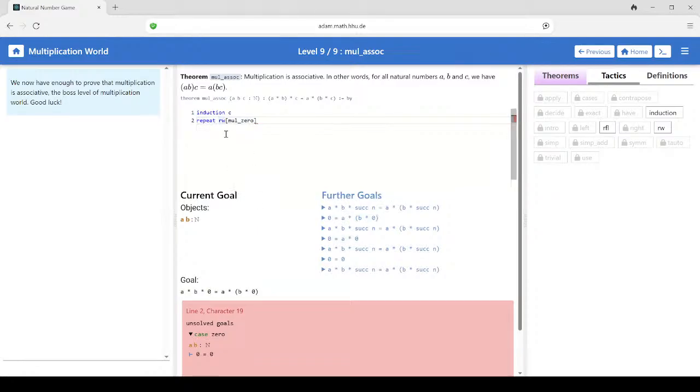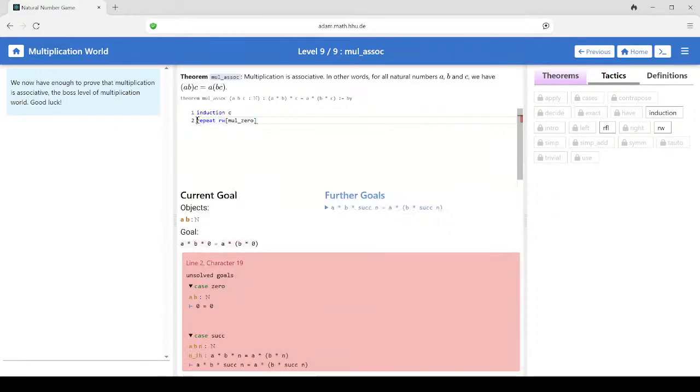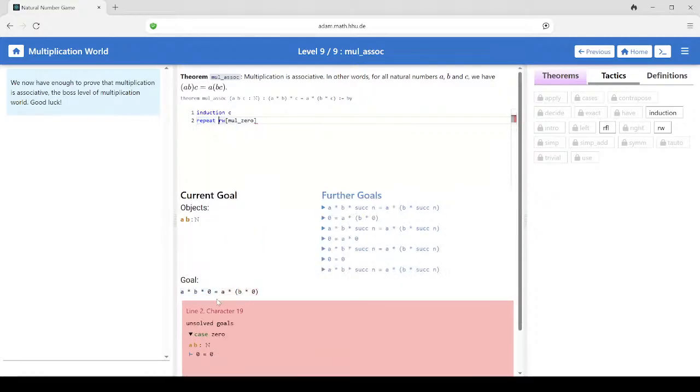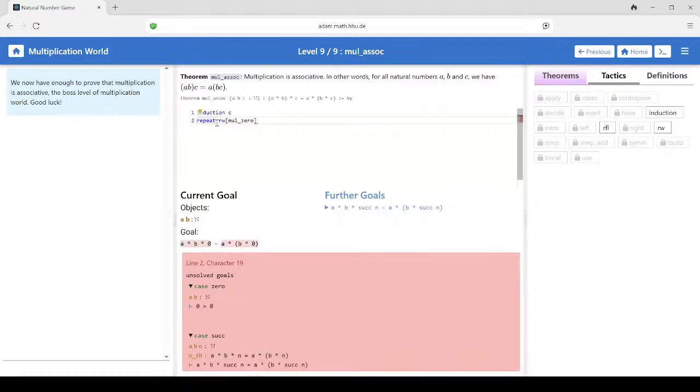Oh my goodness, was that it? Was the reason that it was only doing the first one because I was clicked inside of it? If I'm clicked in here, then it looks like it's only done the first one. I have to click to the end of it for it to have done. No, it didn't. It didn't work. Look, it's still b times 0, which if it had repeated multiple times, then it would have turned b times 0 into 0.